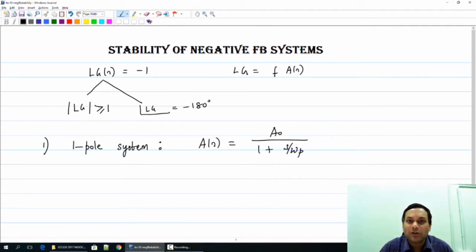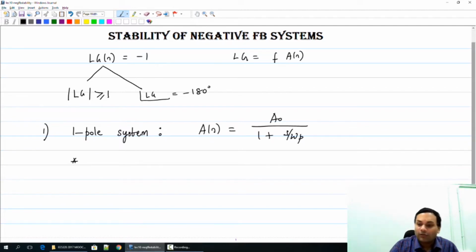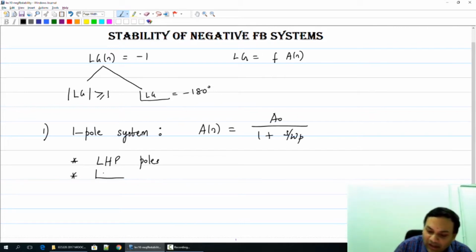This is the frequency response of a 1 pole amplifier, and of course now we need to look at F times A of S. What we can say about this system is that the poles are all in the left half plane, which is good for us because normally when you have a resistor and a capacitor, you will get left half plane poles. Normally such a system will not behave in an unexpected manner.